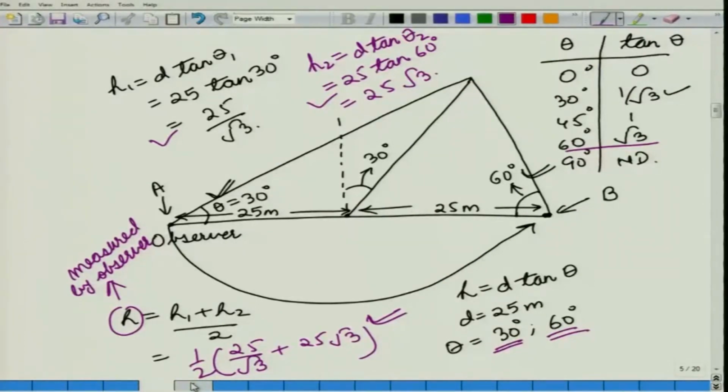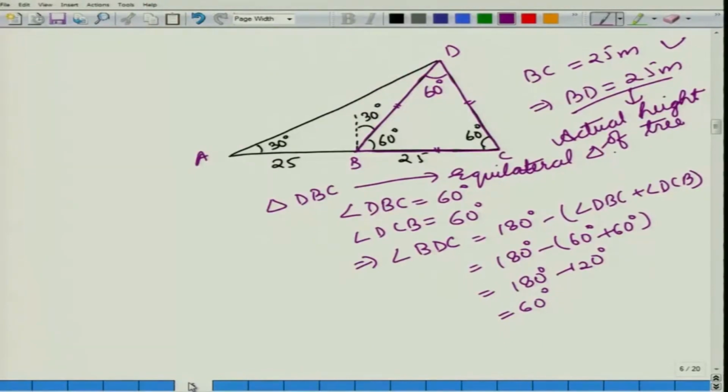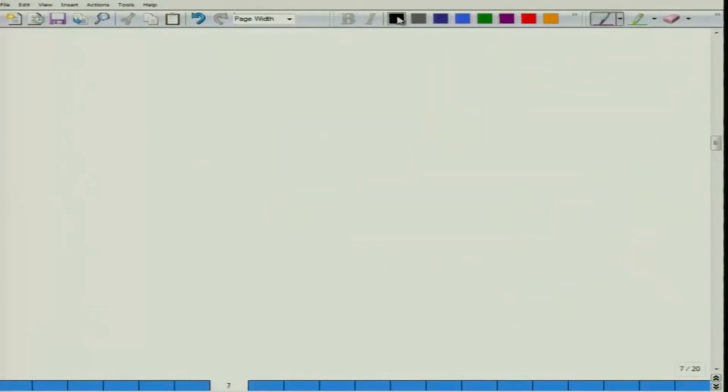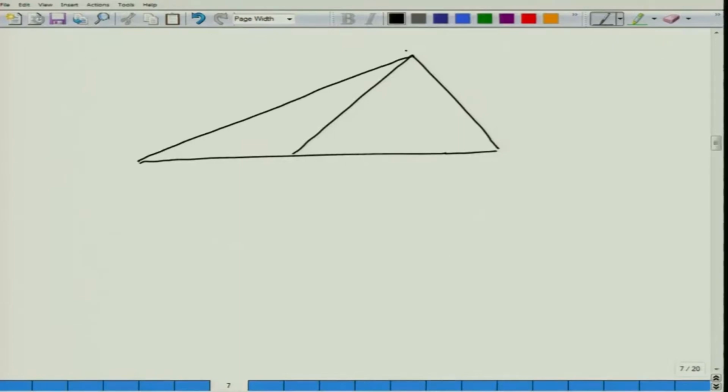Now, this happened to be an easy question because we had both these angles to be 60 degrees, but what if these angles were not 60 degrees? So, how would you figure out the height of the tree? So, now let us draw another diagram. A, B, C, D, this angle is 30 degrees, this angle is 60 degrees, this angle is 30 degrees, so this angle is 60 degrees.